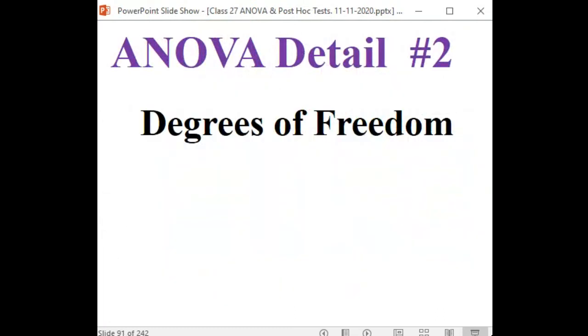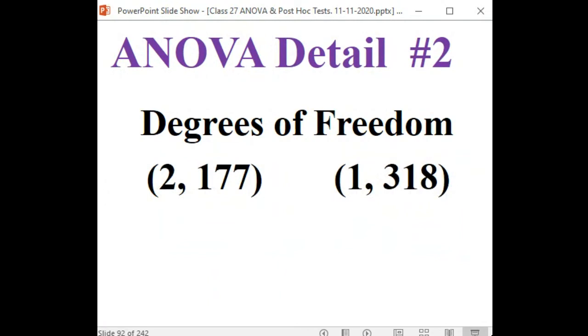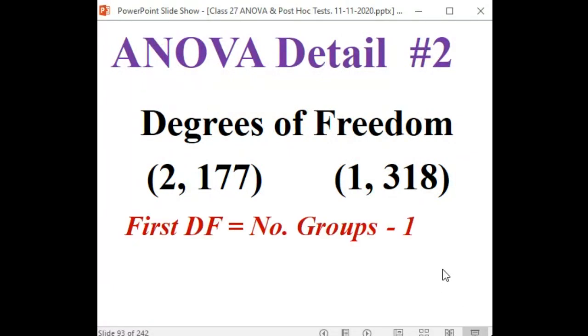So let's sum up what we just learned about degrees of freedom. The degrees of freedom are always written in parentheses right next to F. The first degree of freedom is equal to the number of groups being compared minus 1. So we can use the first degree of freedom to figure out how many groups are being compared.